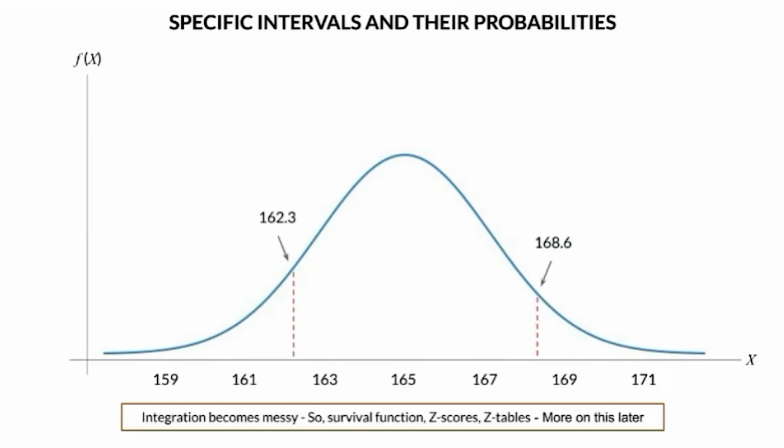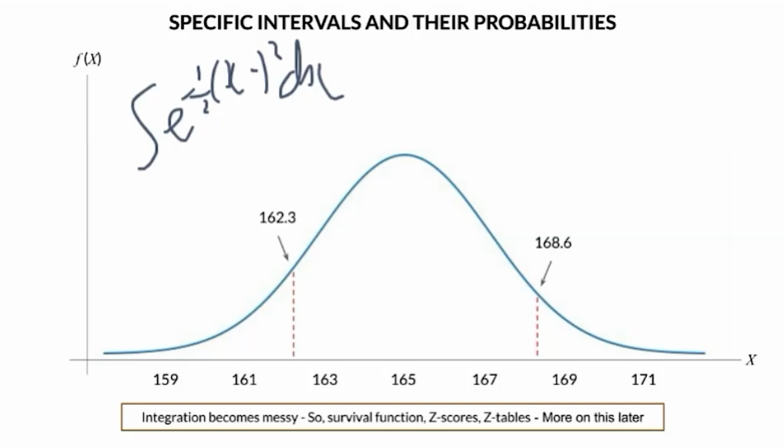So till now you were using pre-computed values. These values actually came from integration, of course. It's an understatement to say the integration of e power minus 1 by 2, x minus something square dx is complex. That's why we have those pre-computed values.